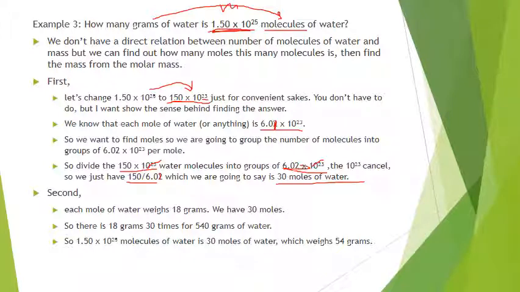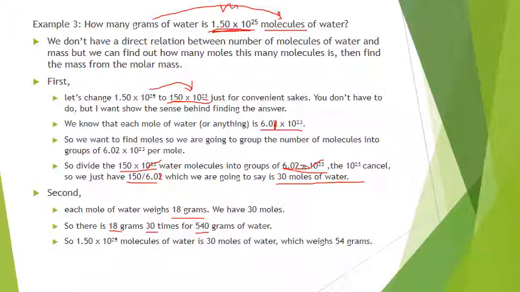Now you could use dimensional analysis, that's fine. You'll get the same answer. So I have 30 moles. Well, each one weighs 18 grams. So I do 18 grams 30 times, for 540 grams.